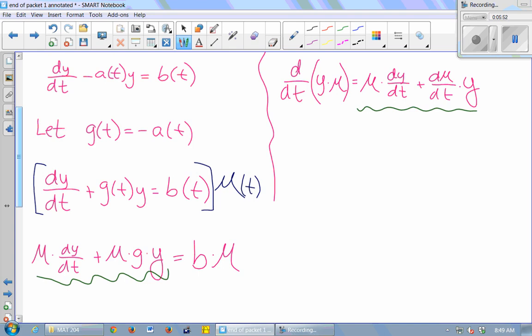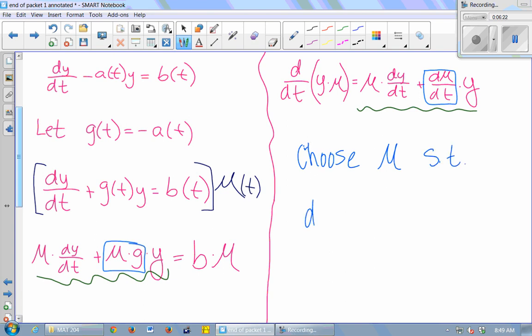So the only thing that differs is that this mu times g has replaced this d mu dt. If those two things were equal, if we chose mu so that d mu dt equals mu times g. So this is my aside: choose mu such that d mu dt equals mu times g. And g is a known thing, it's from the differential equation.